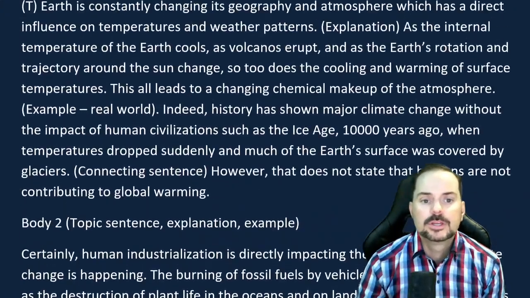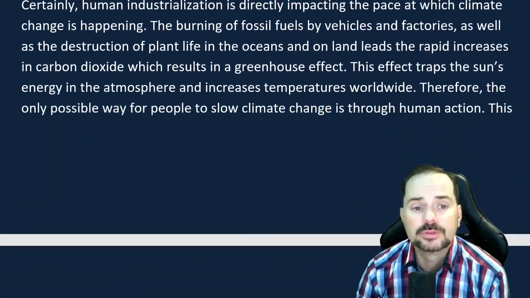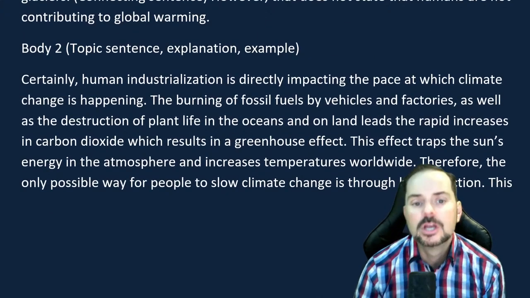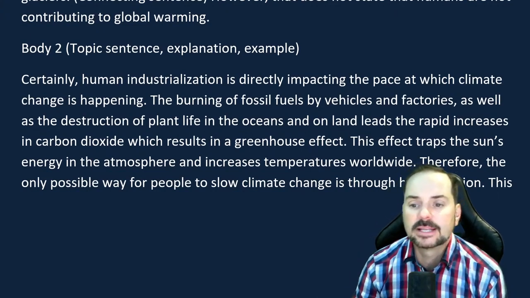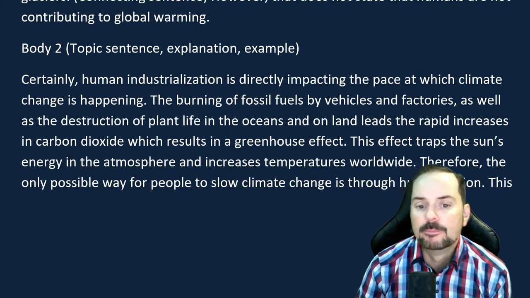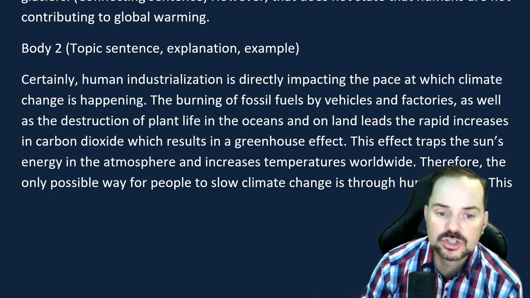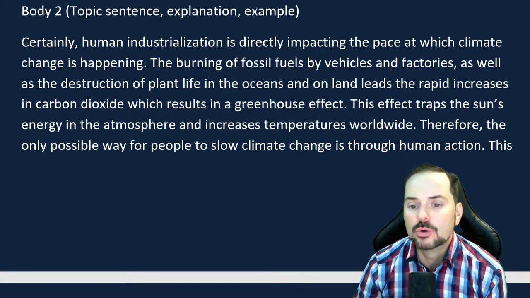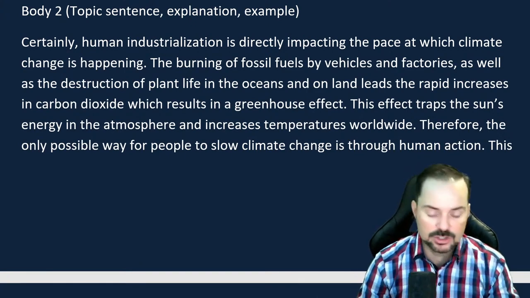Okay, so now I've got my body paragraph 1, I've got my body paragraph 2, and I'm going to review my body paragraph 2. So certainly human industrialization is directly impacting the pace at which climate change is happening. The burning of fossil fuels by vehicles and factories, as well as the destruction of plant life in the oceans and on land, leads to rapid increases in carbon dioxide, which results in a greenhouse effect. Effect should be an A here.